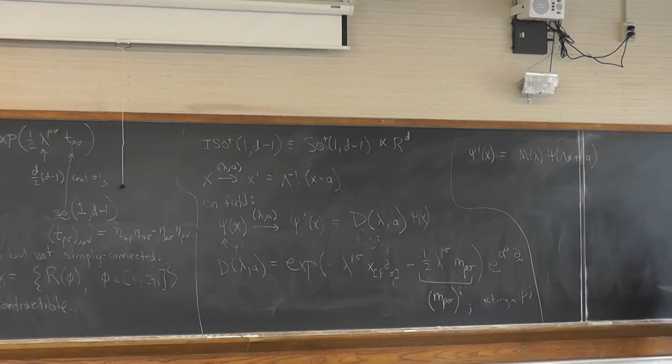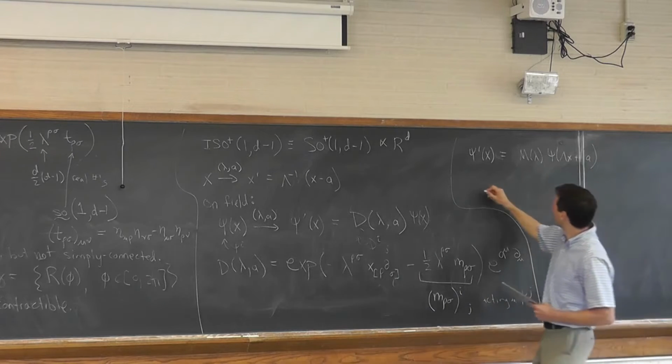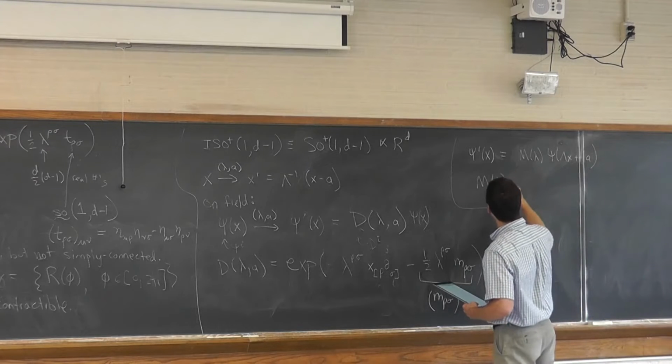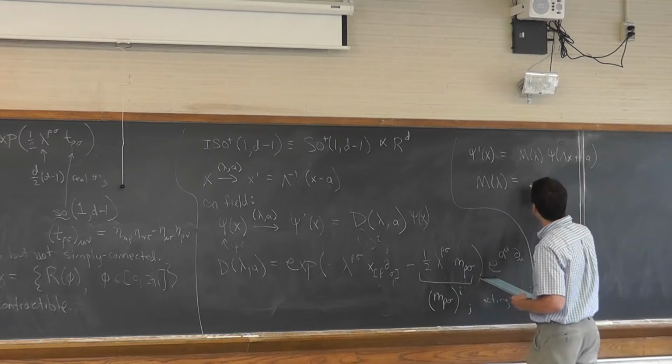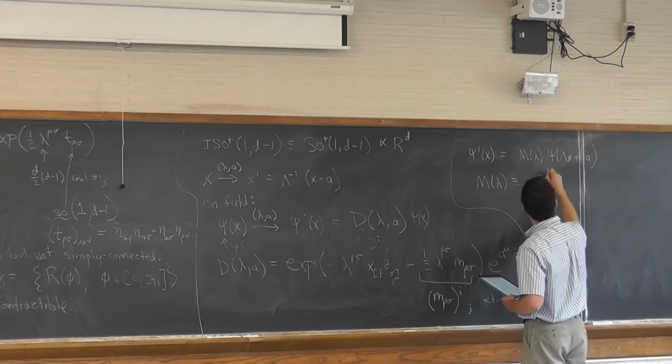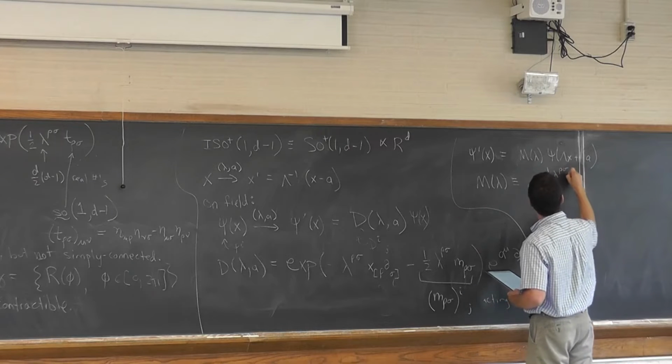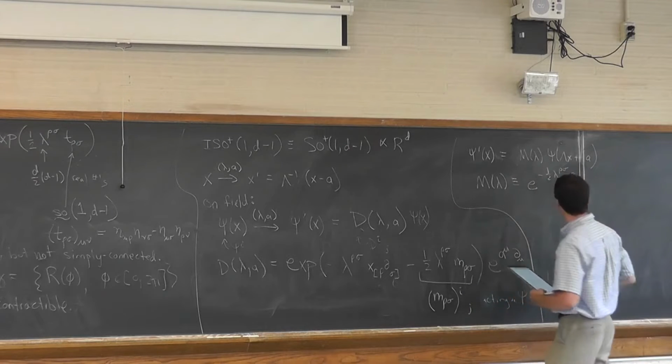So they just shift the argument. M here is the part that acts on the field indices. So M is e to the minus a half lambda rho sigma M rho sigma.